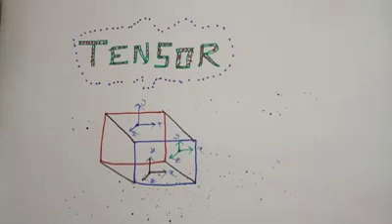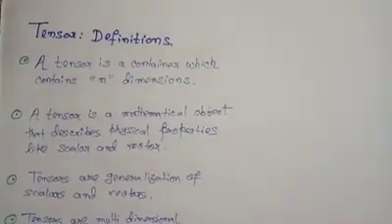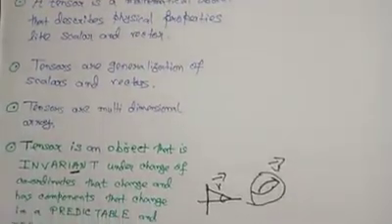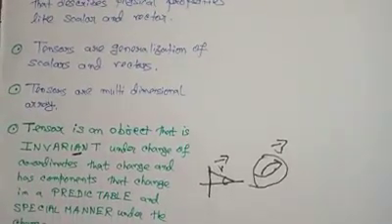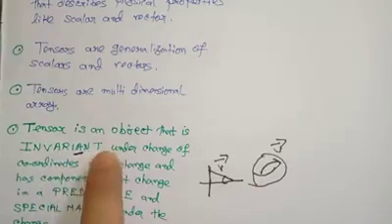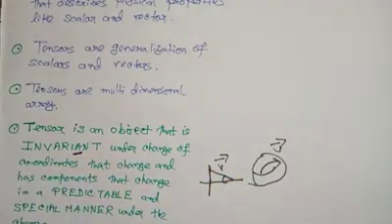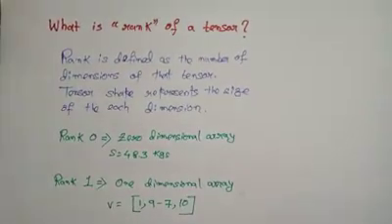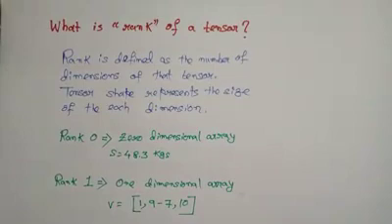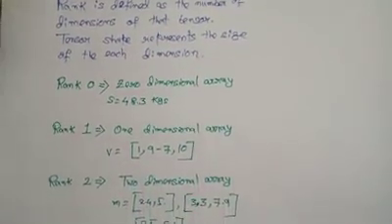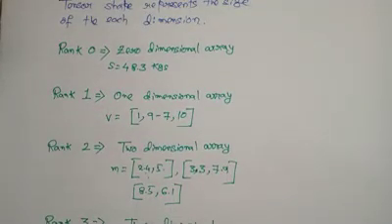I hope you all liked it, because it is a simple explanation of the tensor. We first learned about the definitions. But remember, a tensor is something which is invariant under transformational changes. We also learned the rank of a tensor as the number of dimensions that a tensor has: rank 0, 1, 2, and 3, right?